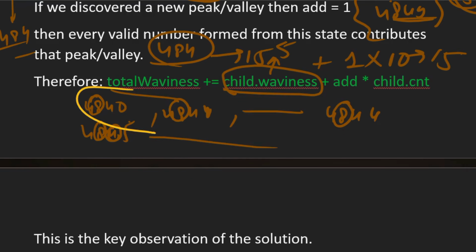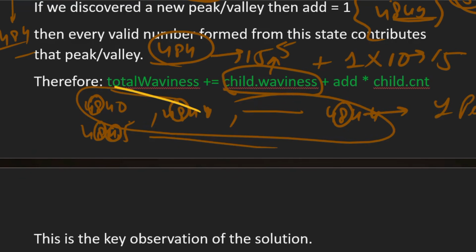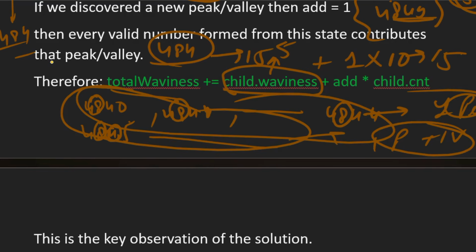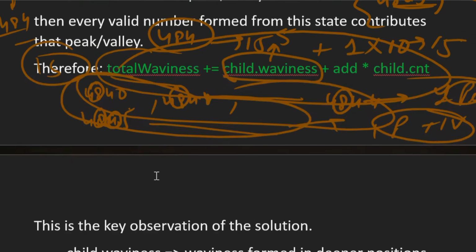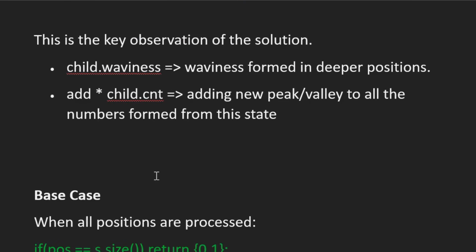So these five numbers have only one peak. The rest five numbers have one peak plus one valley. So 5 plus 10 is 15, and that is the same value that we get from the contribution formula, right? So this is the main observation of the solution.